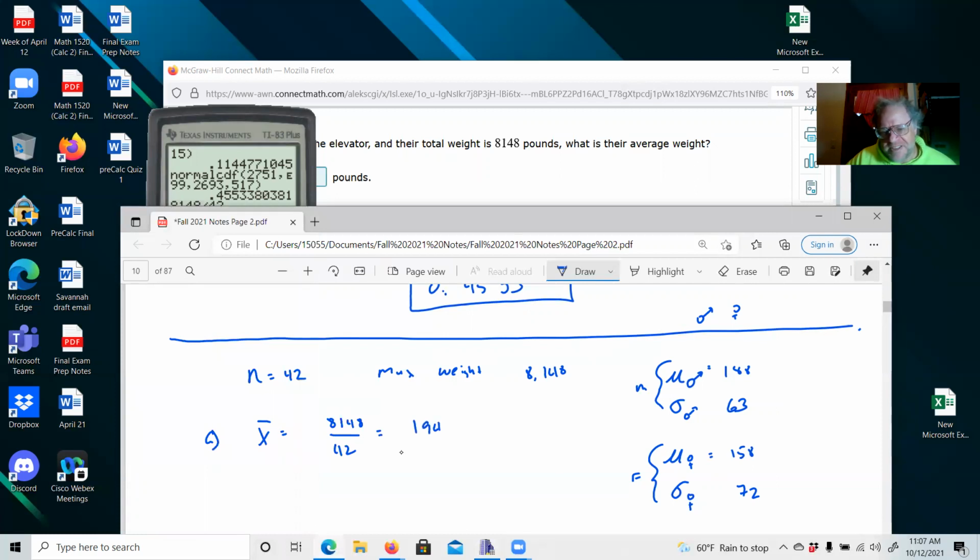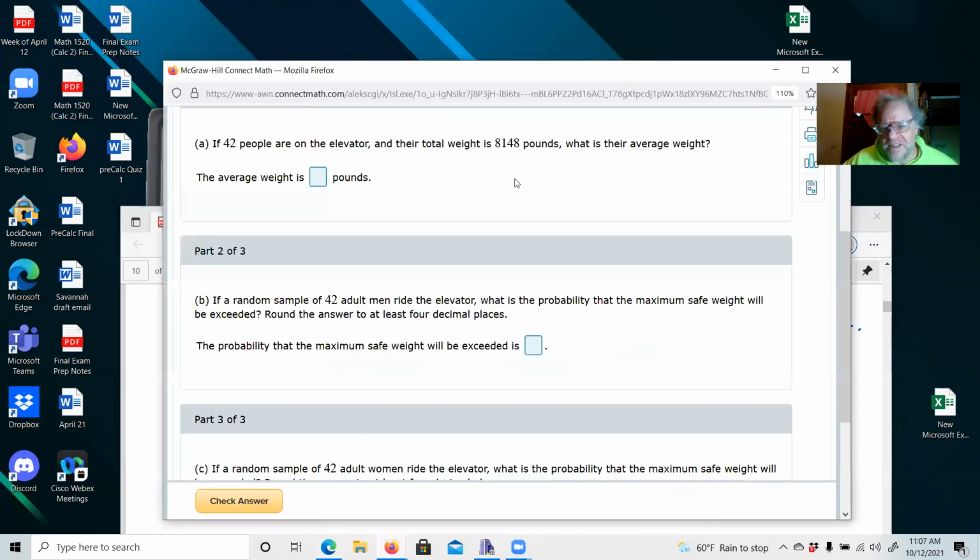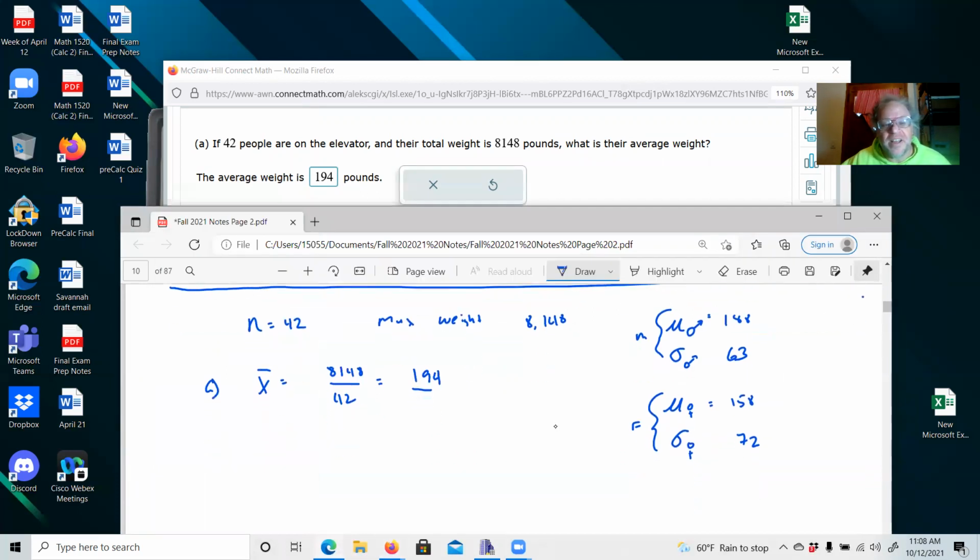It's not like this came out of a textbook or anything. So our average weight is 194. Okay, you have a random sample of 42 adult men riding the elevator. What is the probability that the maximum safe weight will be exceeded? It's a good question. So we want to know what is the probability that the average of these 42 guys is greater than 194.